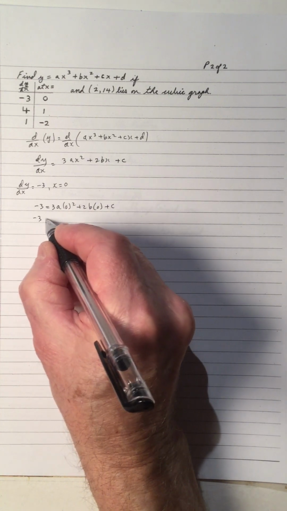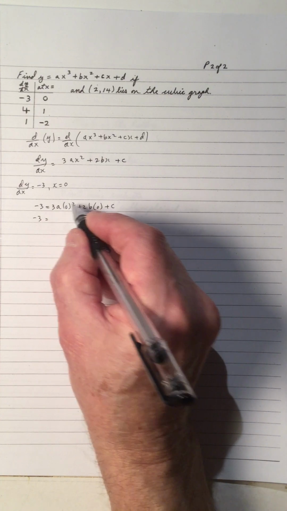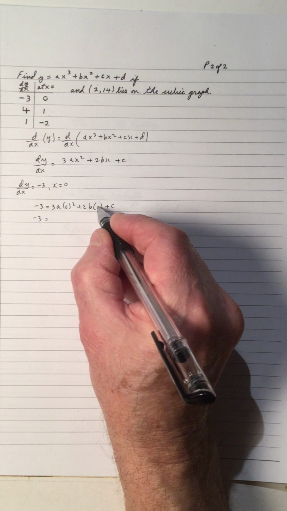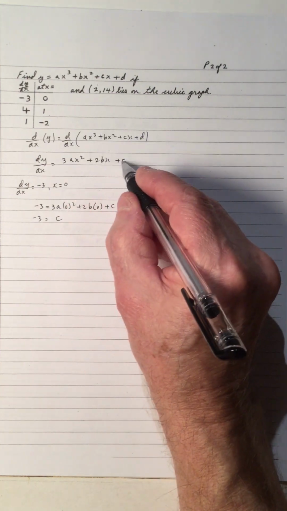So negative 3, and 0 squared is 0, 3a times 0 is 0, 2b times 0 is 0. So that gives us c. So now we have the variable c found.